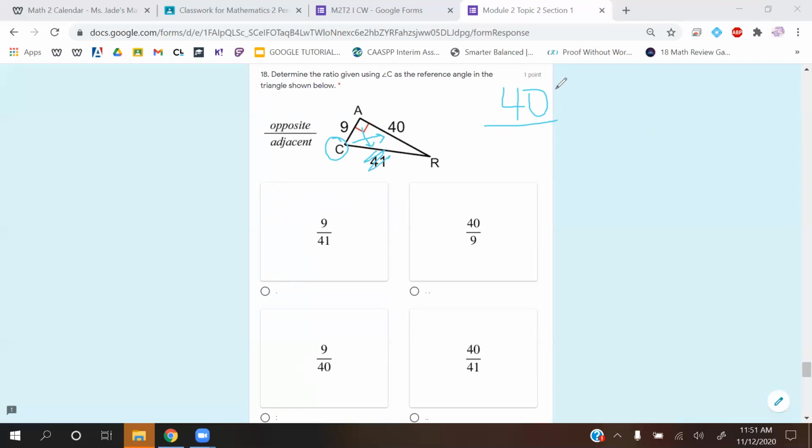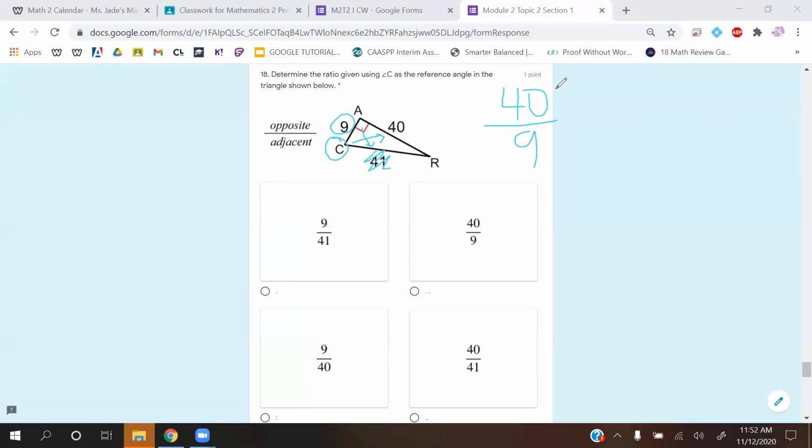So 9. Yeah, so it's actually 9. 40/9. It's okay. That's why we're doing this together, right? Okay, good. So 40 is the opposite, and then our adjacent is 9.